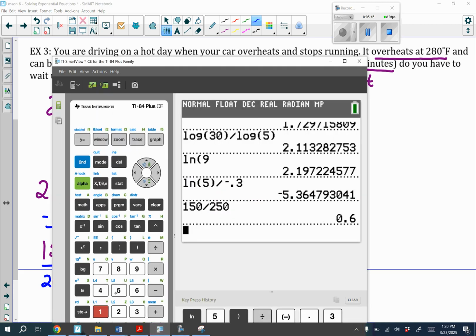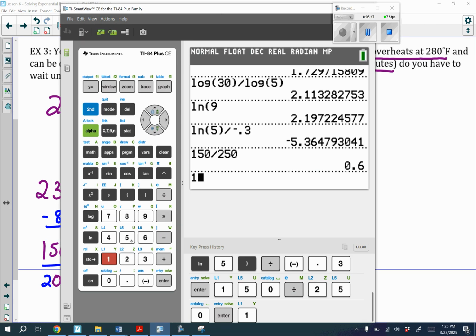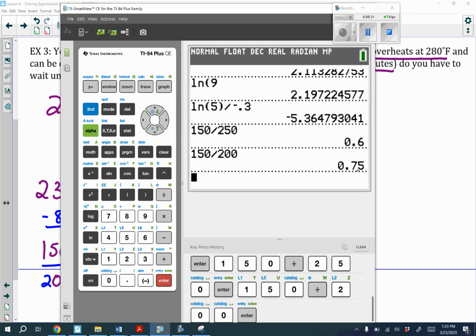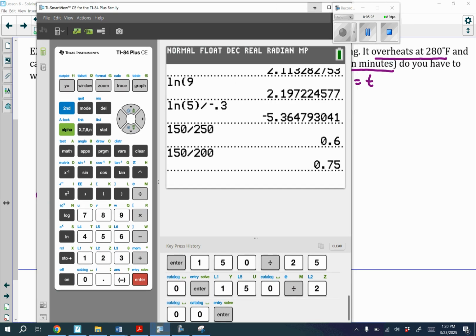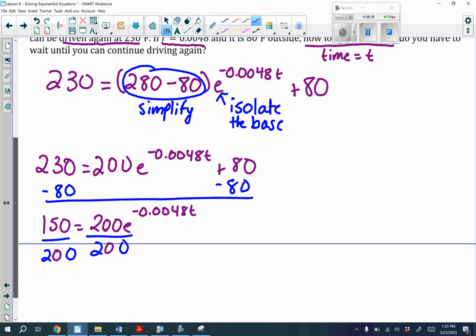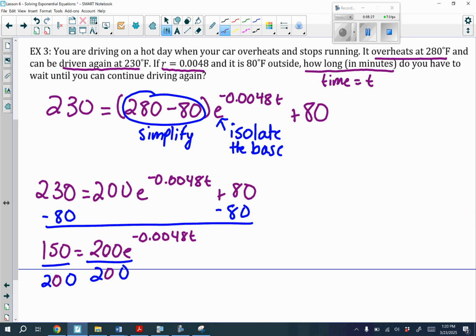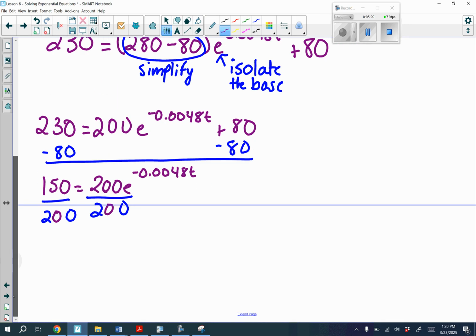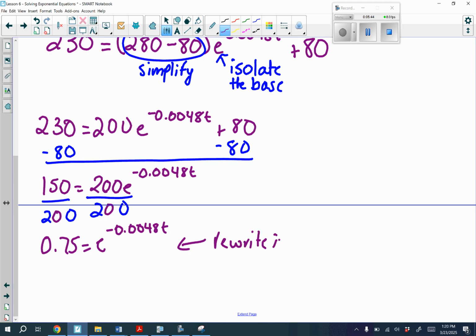Okay, let's retry that. So we got 150 divided by 200. We do get a terminating decimal, so we can change it to a decimal, or if you want to leave it as a fraction, you're more than welcome to do that. So we get 0.75 equals e to that negative 0.0048 t power. Just as we talked about in the last two examples, we are going to rewrite this in log form.